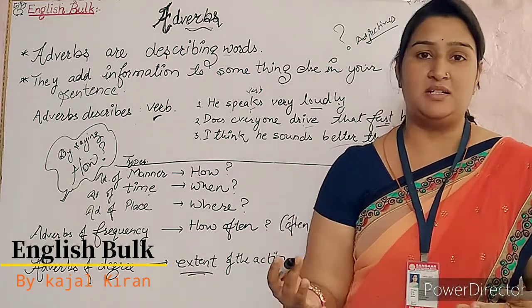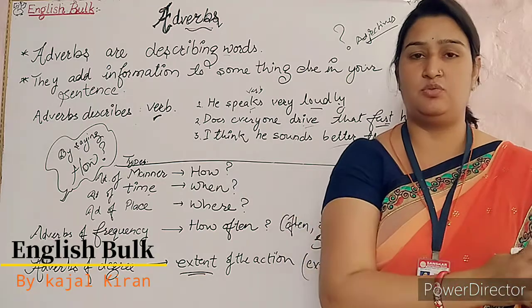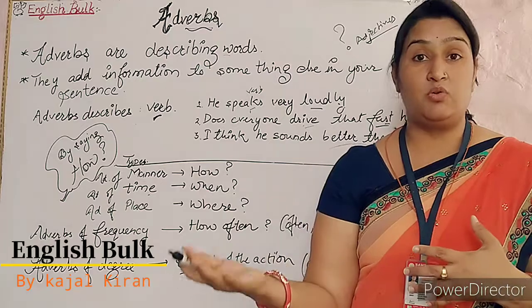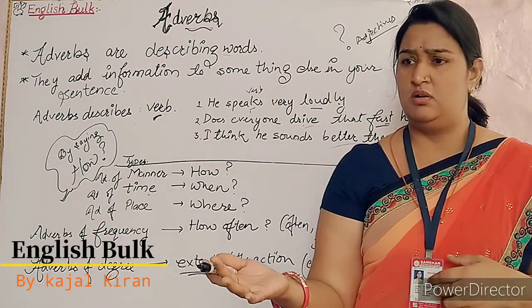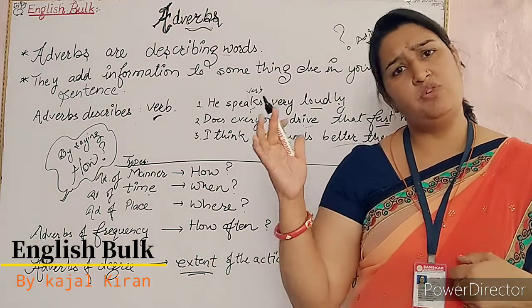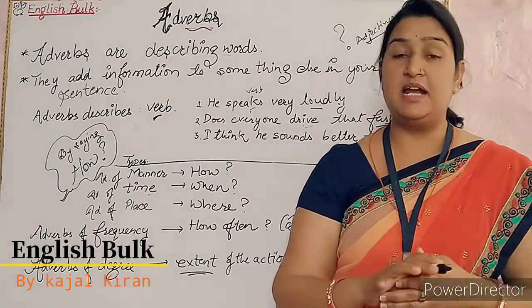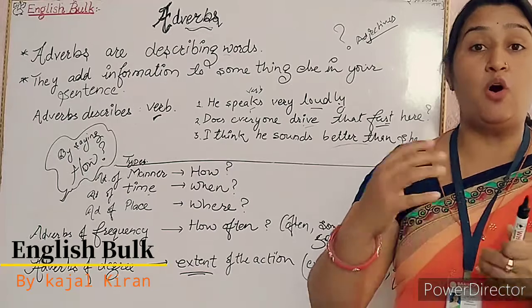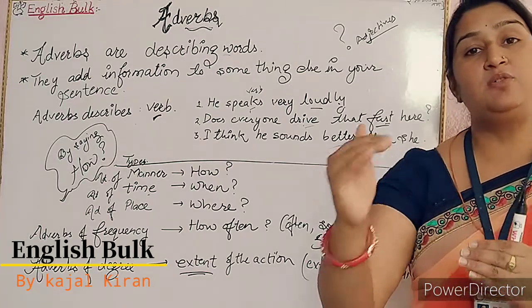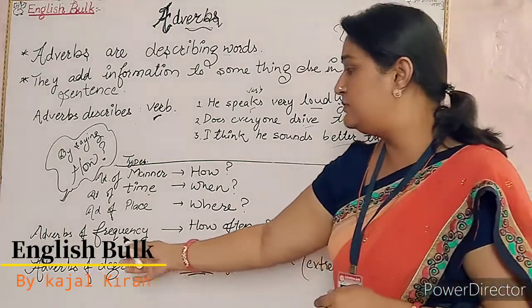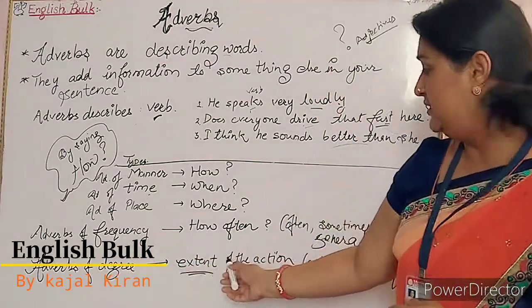He always comes late to school. She never speaks more. He seldom goes to the market. कितनी बार होती है कोई चीज, ये बताने वाले words होते हैं adverbs of frequency. So adverbs of frequency tell us how often.